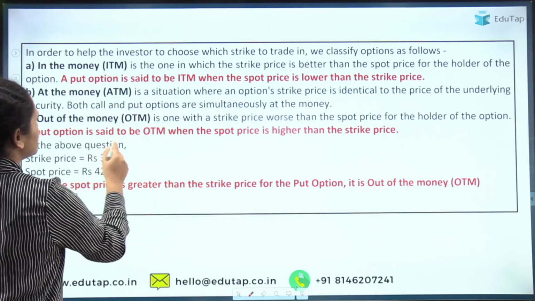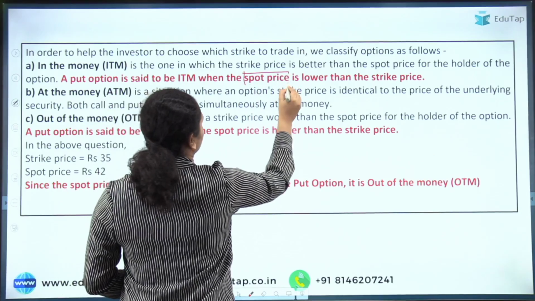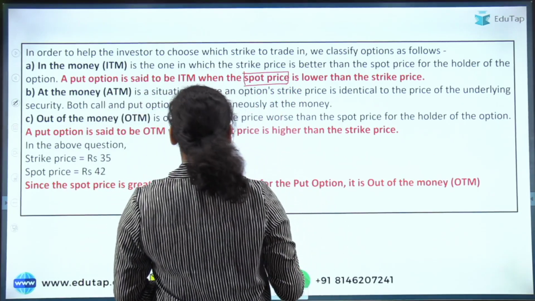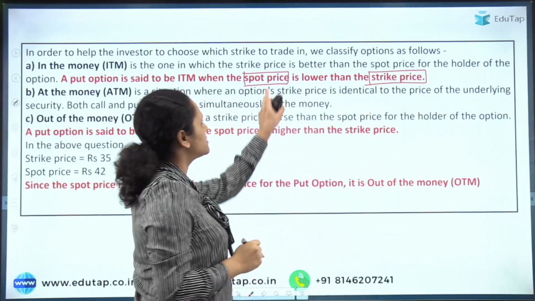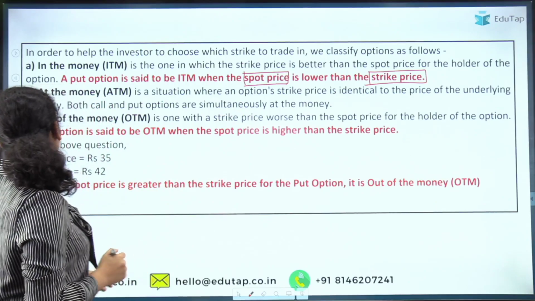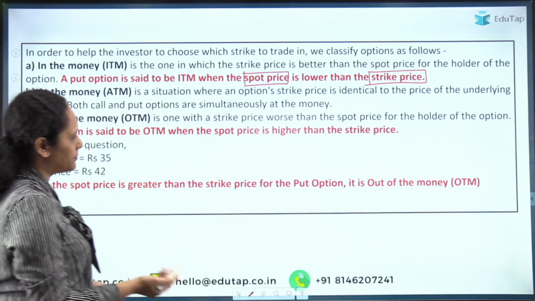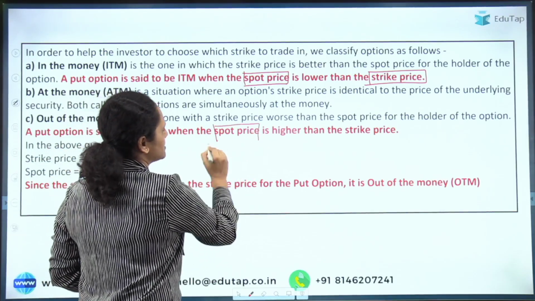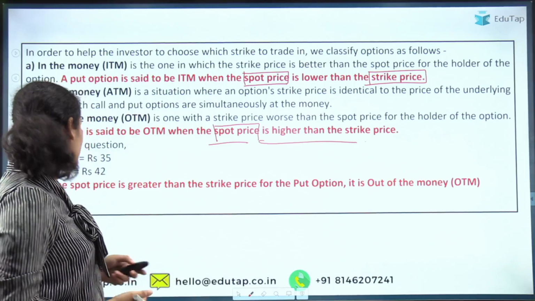A put option is said to be in the money when the spot price is lower than the strike price. ठीक है, मतलब इस केस में the buyer of the put would be in profit. ठीक है, out of money क्या है, same when the spot price is higher as I said, and at the money when both of them are same.